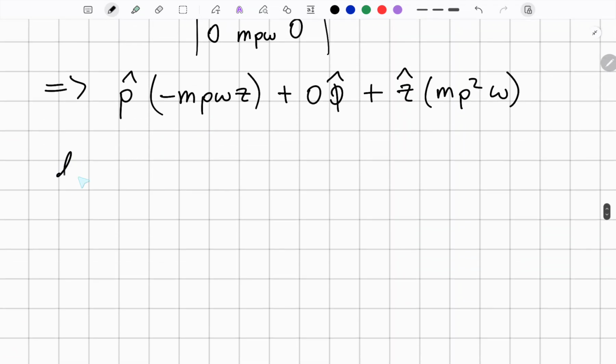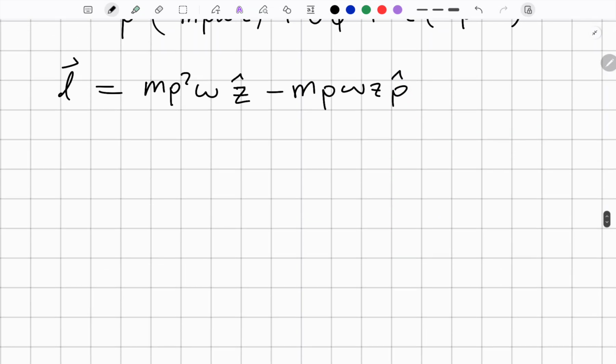So our angular momentum vector is going to look like m rho squared omega z minus m rho omega z rho hat.